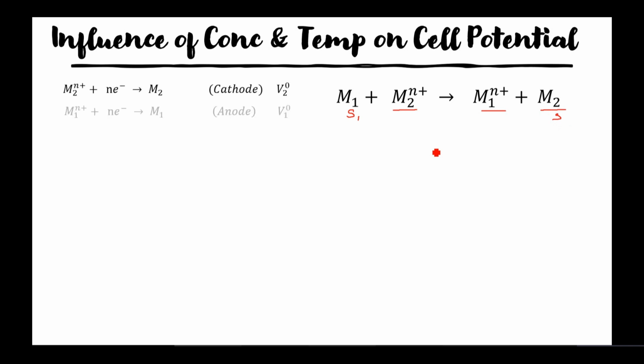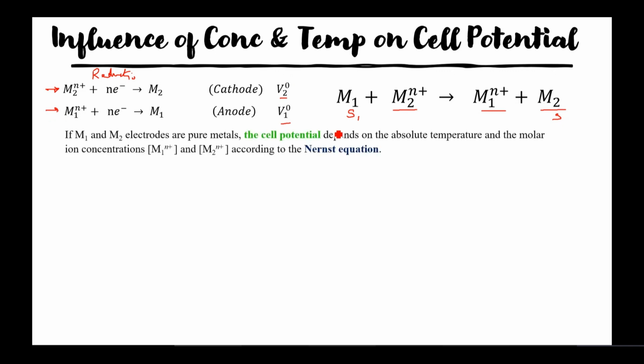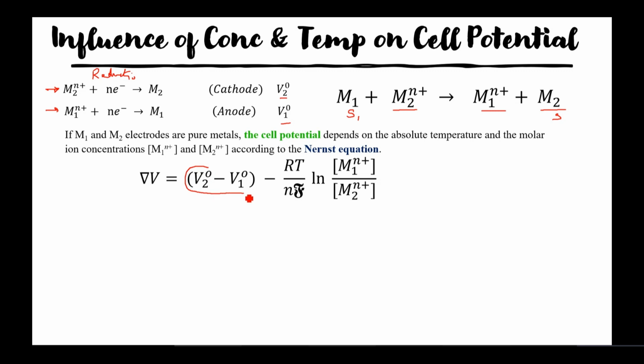Now, the standard equations in the reduction format are written over here, for material 2 and for material 1, and their standard voltages are also written. If I apply the Nernst equation over here, you see this is the equation for the standard cell. Why have I written V2 minus V1 here?